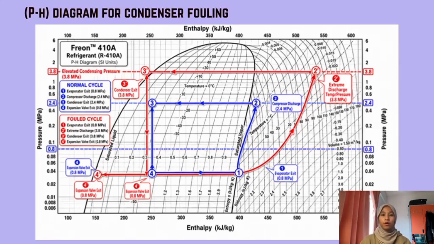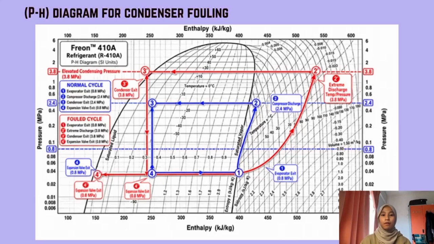Second, more compressor work. The longer distance here means the compressor uses more electricity. Third, less cooling effect. The bottom part gets shorter. The result: lower efficiency, which is more energy in, less cooling out. Cleaning the condenser restores the cycle to its normal shape.